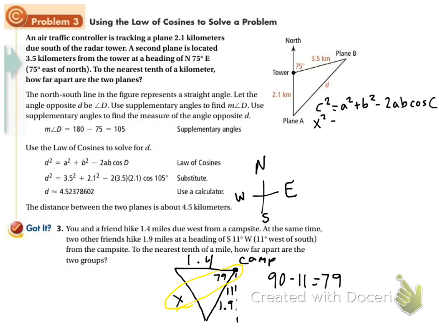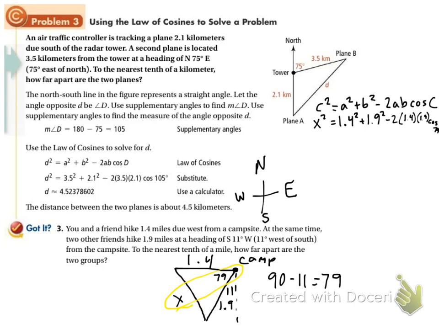So x squared equals, and then let's plug in 1.4 for A and 1.9 for B minus 2 times 1.4 times 1.9. Whoops, I'm running out of room. Cosine of 79. My bad that we ran out of room there.